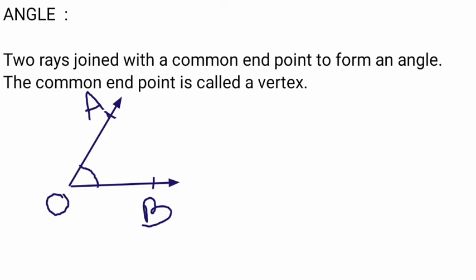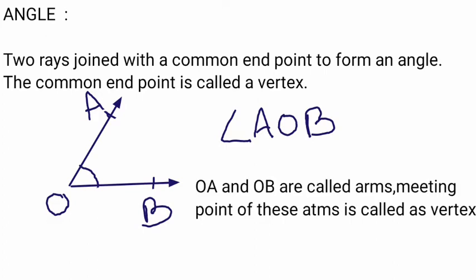That means here O is the vertex and the angle formed is angle AOB. Angle is constructed at point O, so when writing, O is in the center. Remember this point. Here OA and OB are called arms, and the meeting point of these arms is called the vertex. That means here O is the vertex.